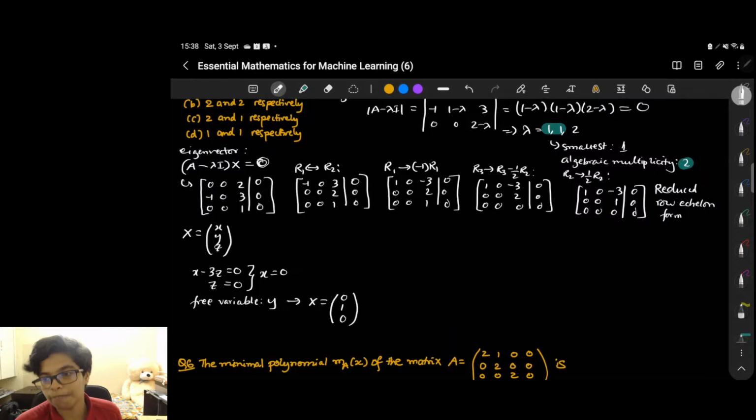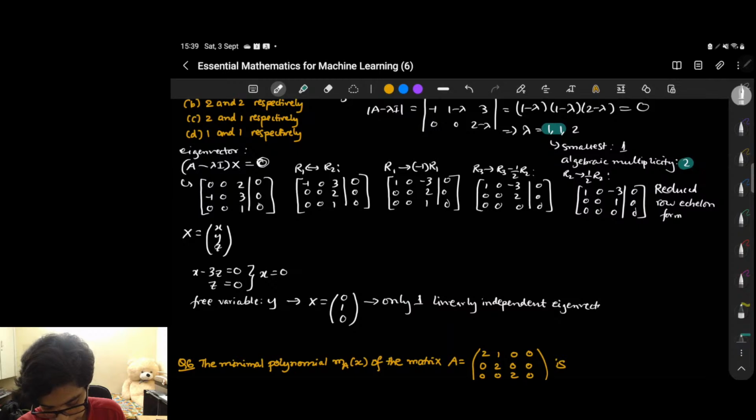So from this we obtain only one linearly independent eigenvector, and since we have only one, the geometric multiplicity is equal to 1.